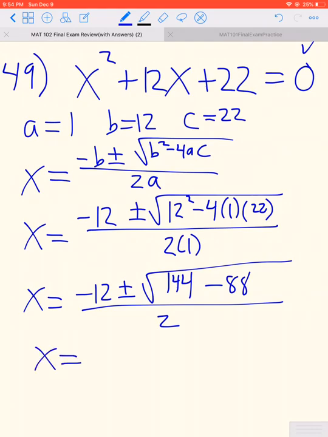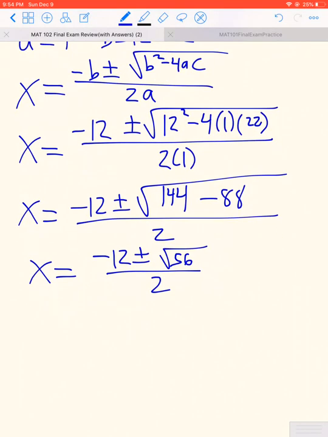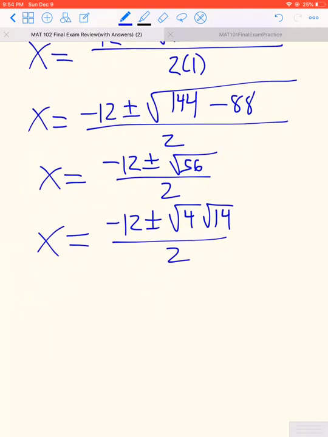We get x equals negative 12 plus or minus the square root of 144 minus 88, which is going to be 56, all divided by 2. This will reduce some. The perfect square 4 goes into this 56. So we can write this as the square root of 4 times 14, over 2.